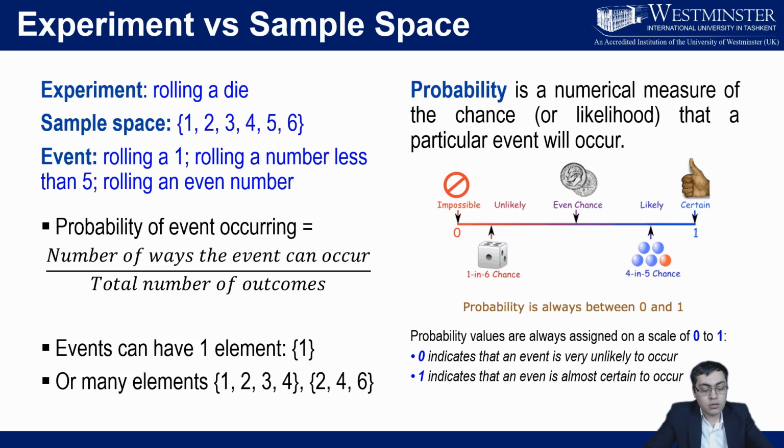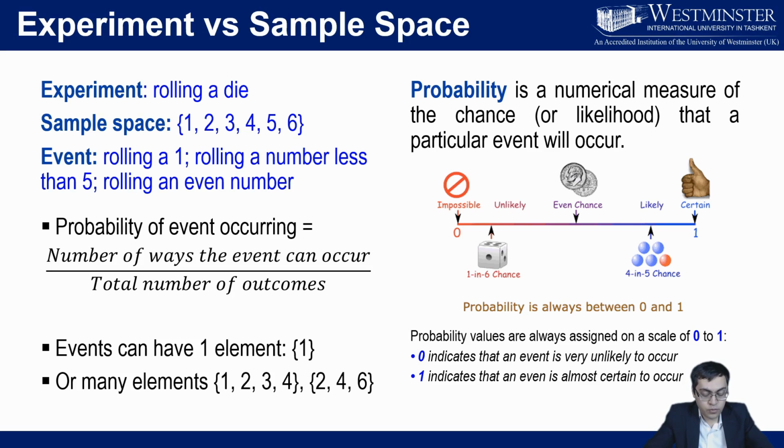Now, when we want to calculate the probability of this event occurring, what we'll have to do is calculate or count the number of ways that this specific event that we're interested in can occur, divided by the total number of outcomes that there are in our experiment.